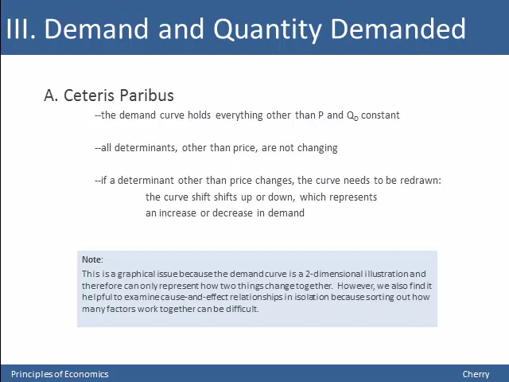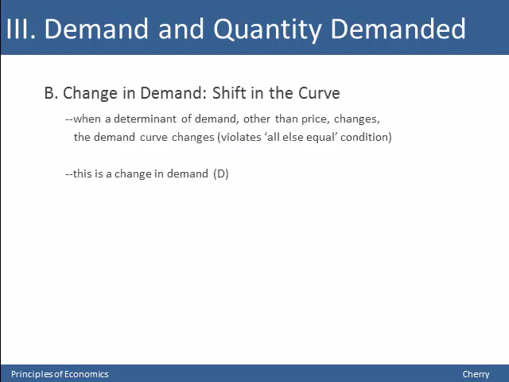All right, so let's look at this with a few examples. First we're going to look at a change in demand, not quantity demanded, demand. And that is represented by a shift in the curve. As we said, if something other than price changes, you have to shift the curve. You have to change the curve.